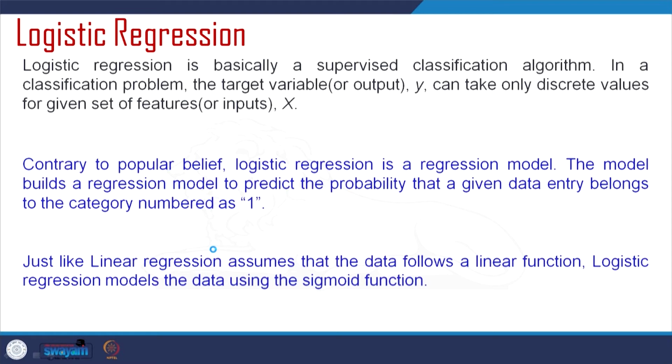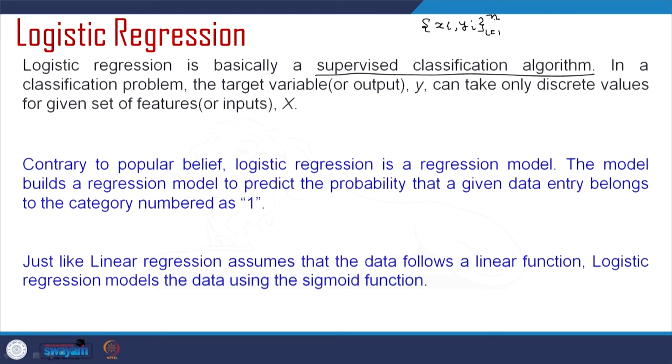As I told you, we will see logistic regression for the classification type of application. It is basically a supervised classification algorithm. Supervised means a set of training data is given to you, with input variables as well as output variables, and using this you have to train a model which can be used to predict for unseen input values or unseen patterns.